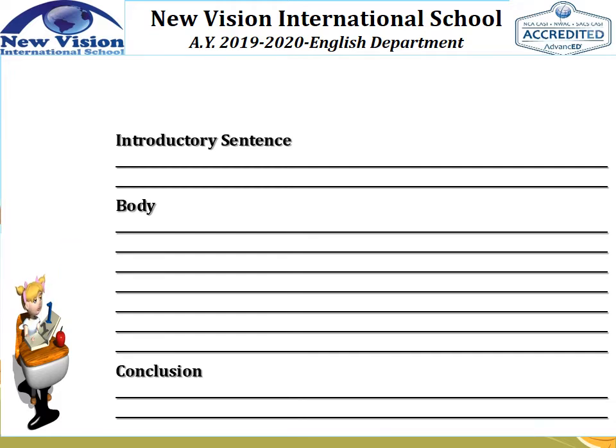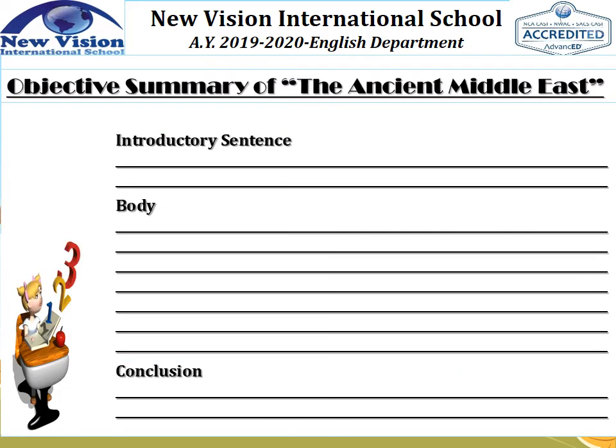Alright, are you ready, grade 7? Great. Now, for your tasks, I would like to remind you, first one, you have to finish page 218, the 3 more remaining sections from our text this week, the ancient Middle East. Then after that, I think you are already prepared to make your objective summary of the ancient Middle East.